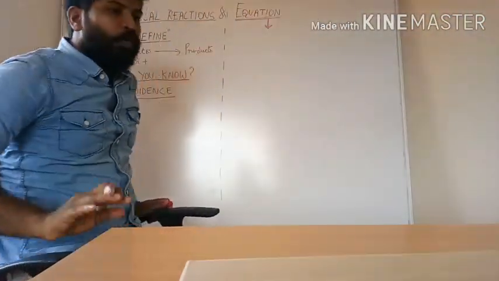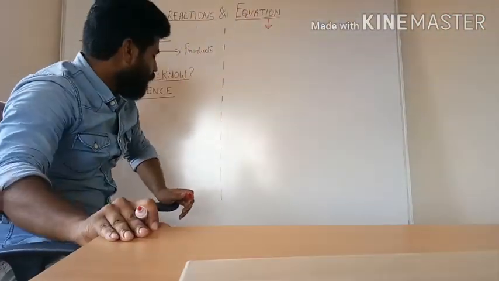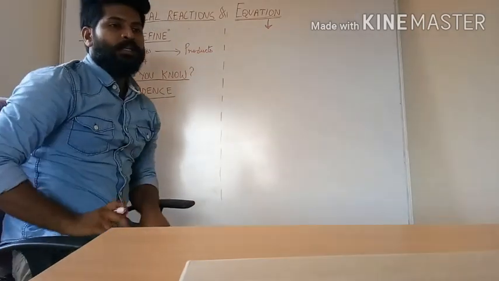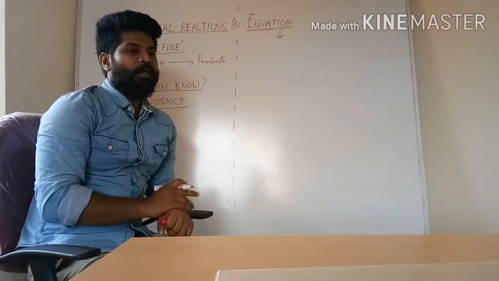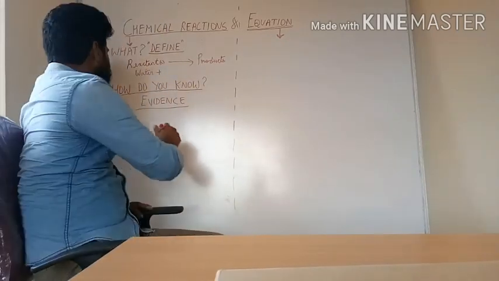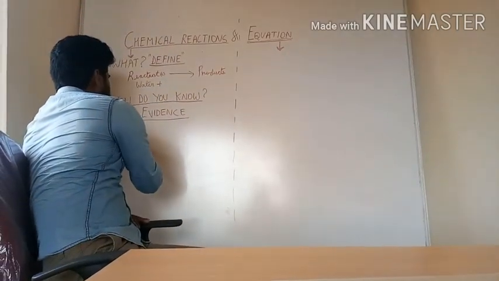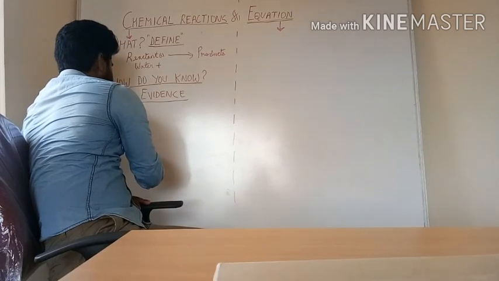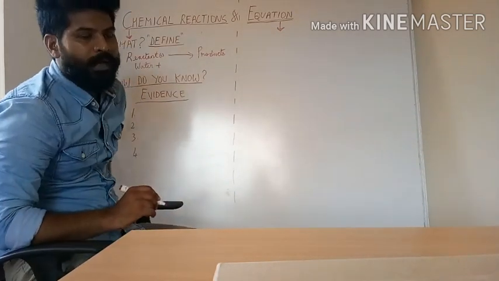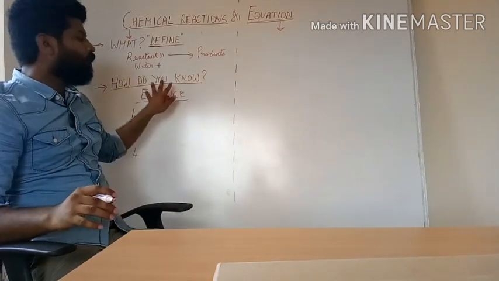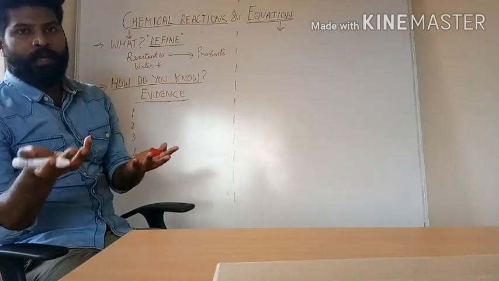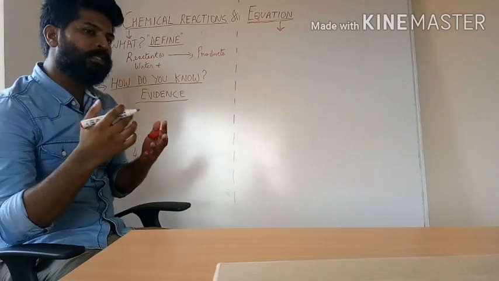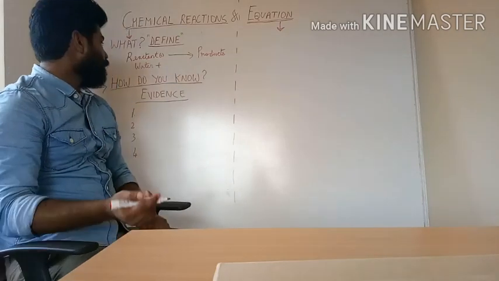Now we have already carried out the reaction and you saw what has happened. Now we have to list down the points of what you observed in this particular reaction. Basically, we are talking about the evidences for a chemical reaction. How do you know a chemical reaction has taken place or not?